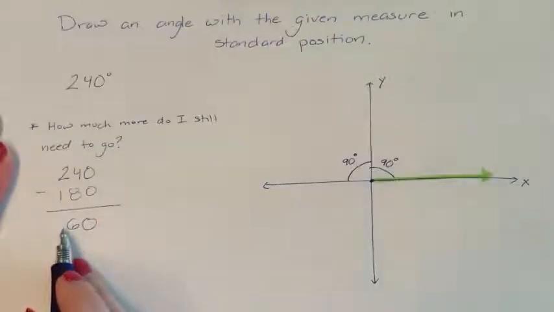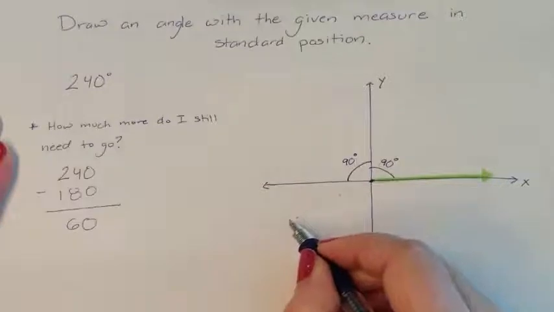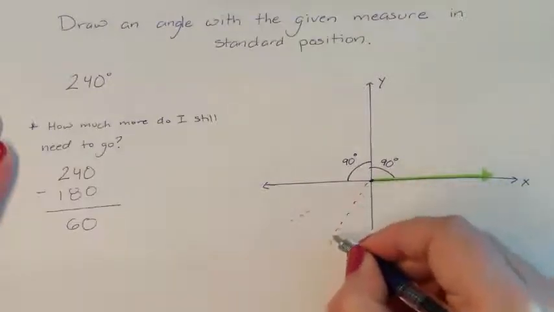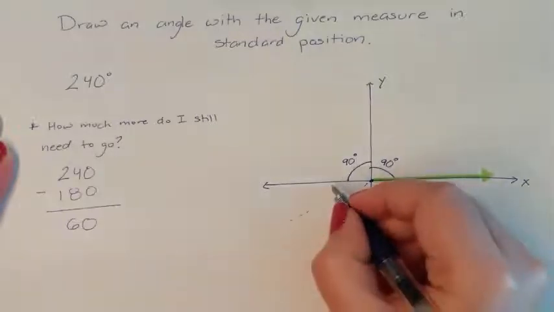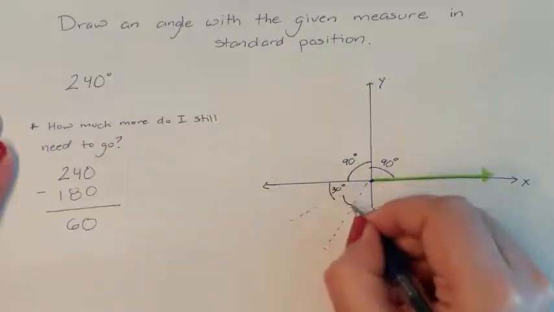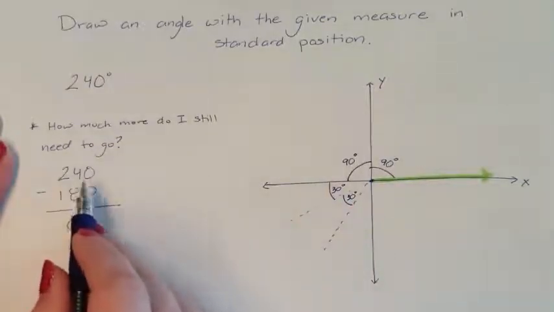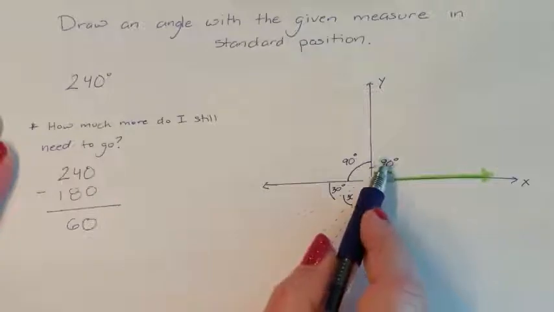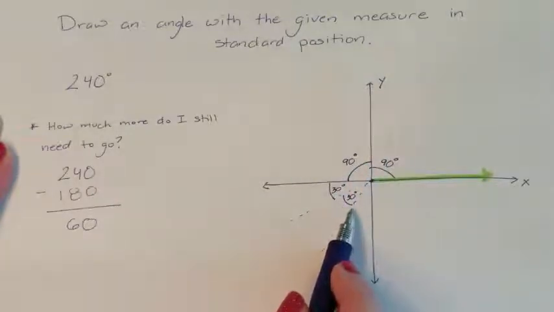60 degrees is going to be easy to get if I split the next quadrant into thirds, because each of these is 30 degrees. So if I went an initial 30, and then I went another 30, I've got a total of 240. So double check it: 90 plus 90 plus 30 plus 30 is actually 240 degrees.